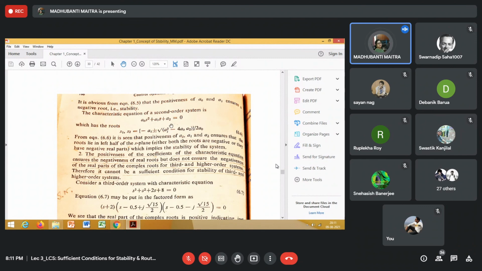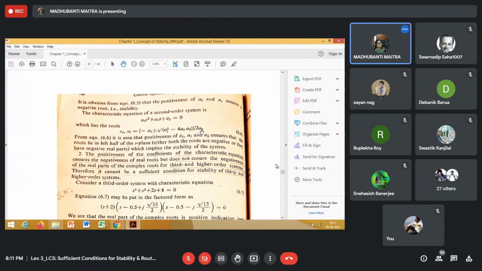Okay, and the third case is where this part is negative, but because of the presence of this part, minus A1 by twice A0, which is the sigma part, sigma is negative. That means the complex conjugate root pair will lie in the left half of the S plane.